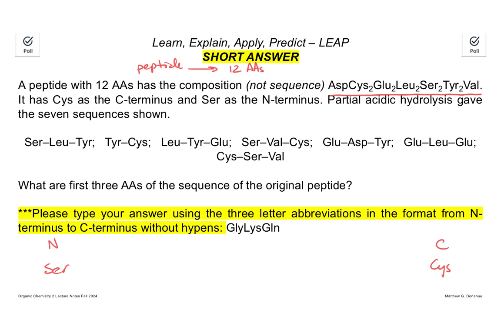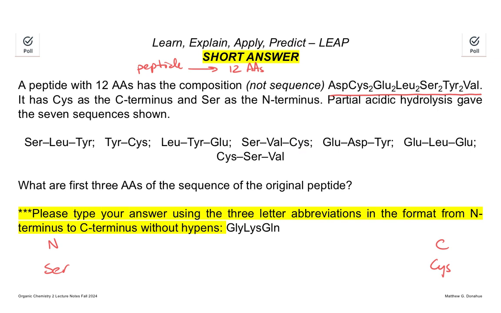So if you look at those fragments, again, we're reading left to right. It says Cys has to be at the C terminus. And we see these two here, right?